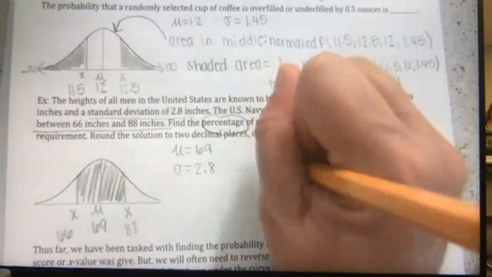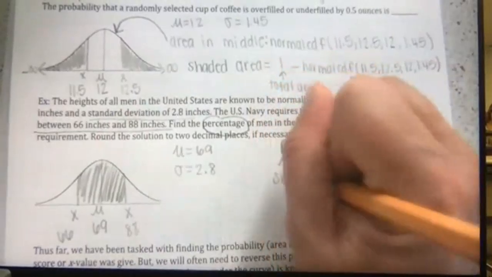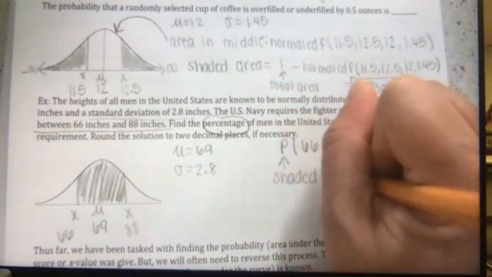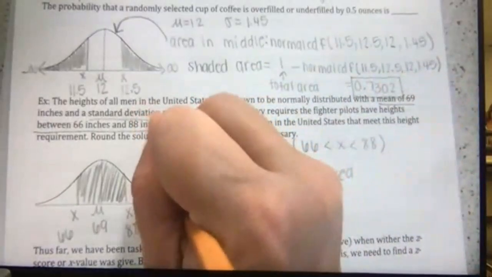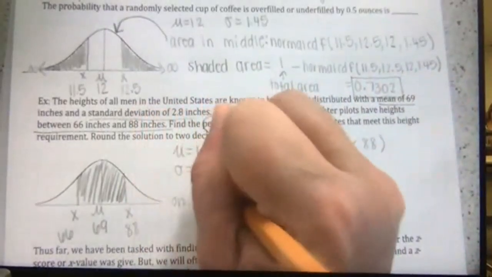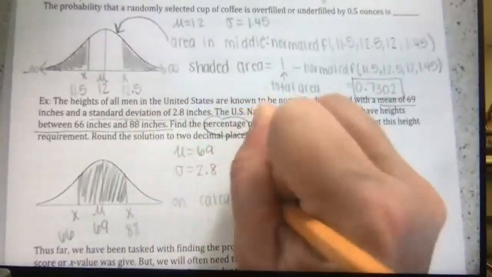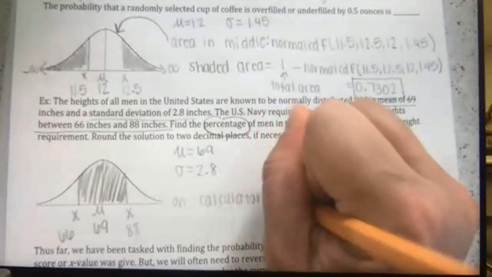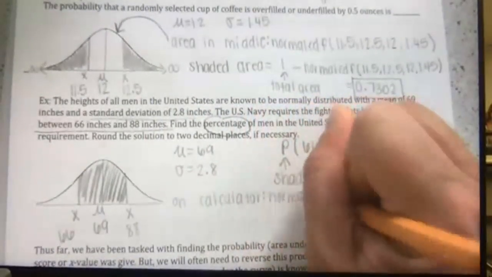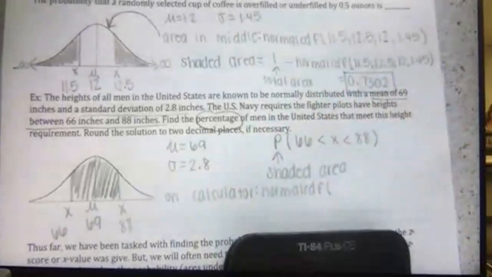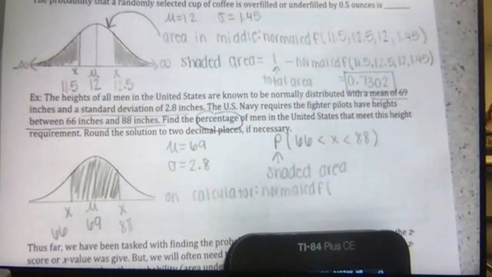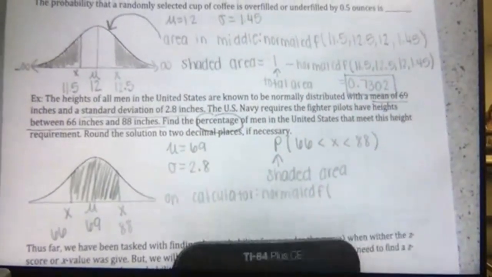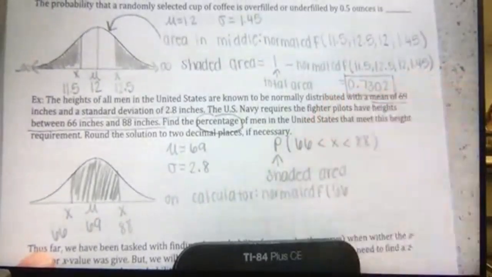So remember, our probability is our shaded area. So on our calculator, we're still doing the same thing, normal CDF. Second bar's normal CDF. Our lower limit's 66.